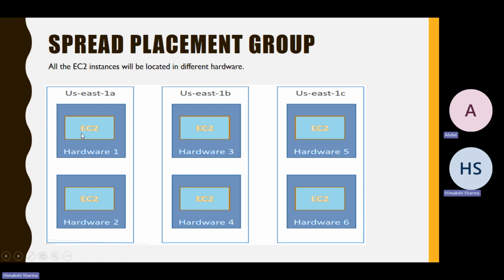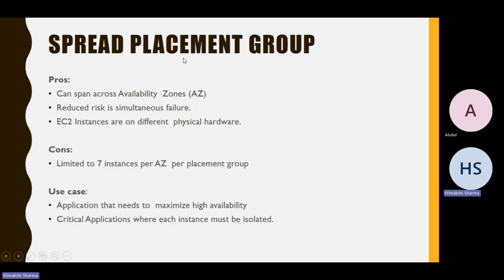If we create one placement group, in one particular availability zone we can have 7 instances only. That is the con. We use it for applications that require high availability, and critical applications that need to be isolated. So this is your spread placement group.